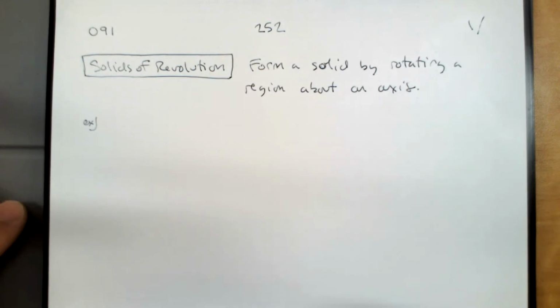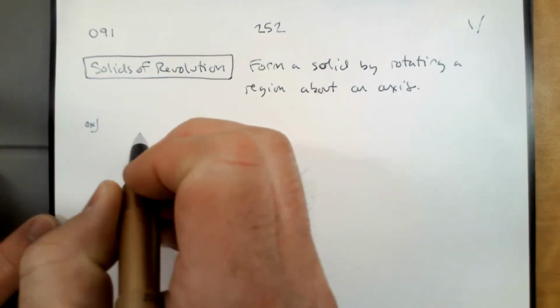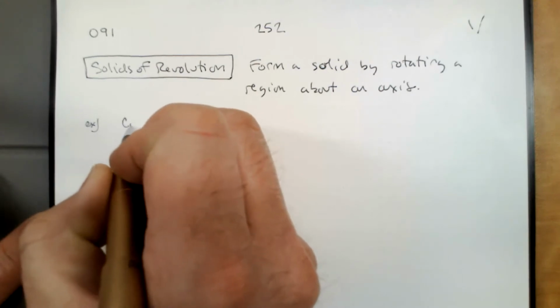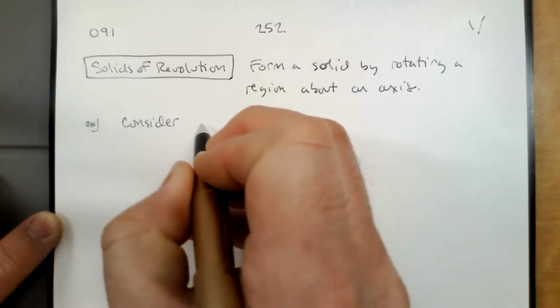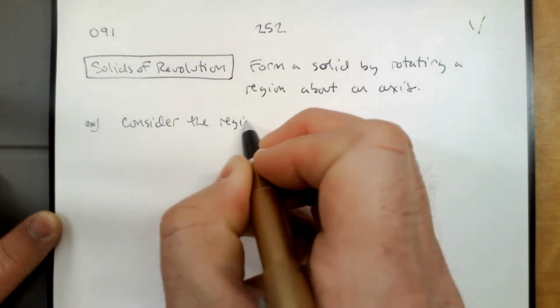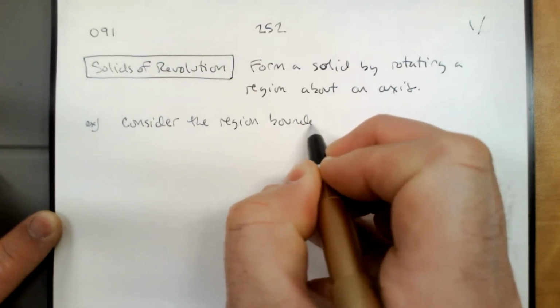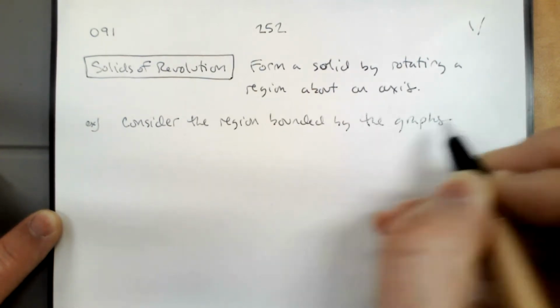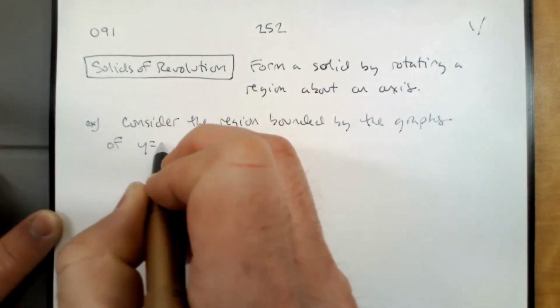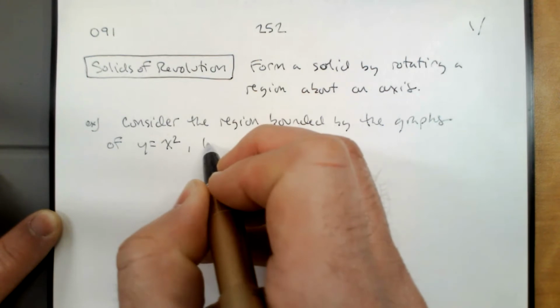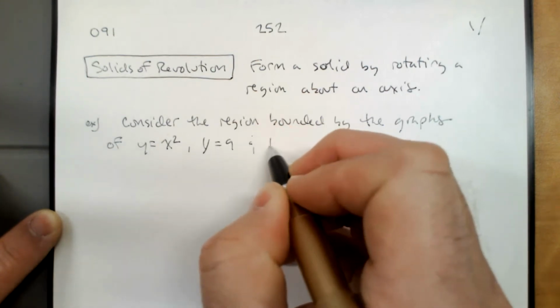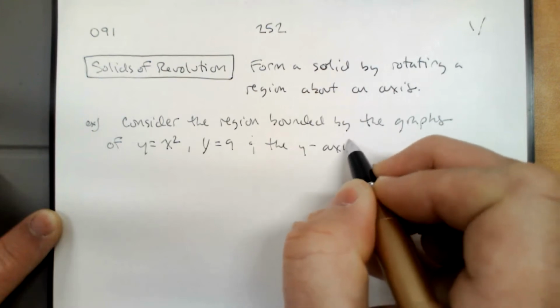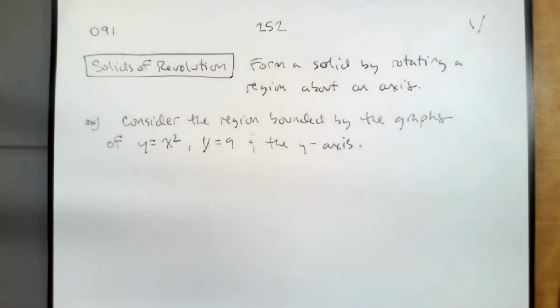All right, let's consider the region bounded by the graphs of y equals x squared, y equals 9, and the y axis.